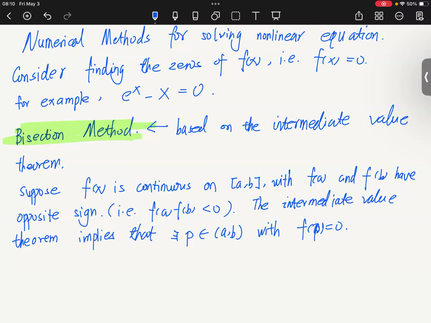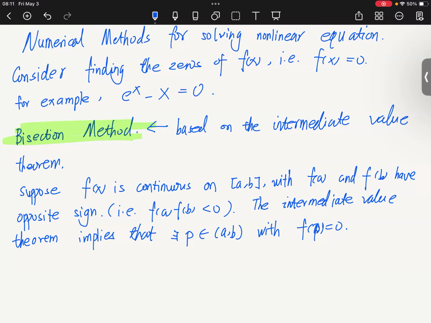I'm going to ask you a question. Let's say we assume this function is continuous, and f(a) and f(b) have opposite signs. I have one question for you: is the solution unique?